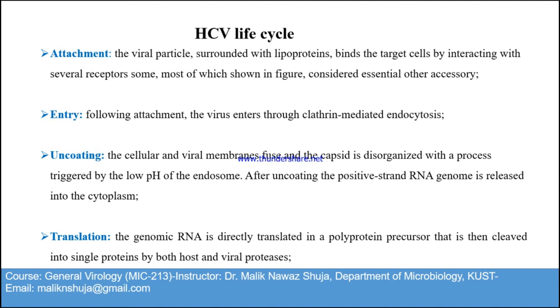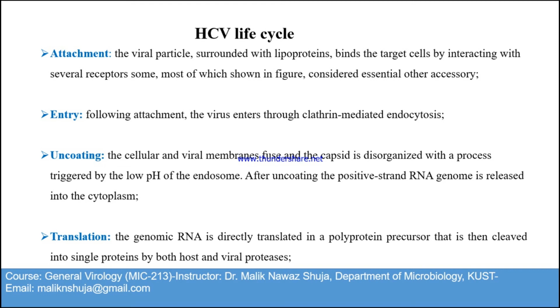After the interaction of the virus envelope with the host cell membrane, HCV enters the cell through endocytosis. In the cytoplasm, the messenger RNA then undergoes translation and polyproteins are produced. So attachment is totally based on specific receptors, and these receptors are only present on the liver cells. That's why the HCV virus is specific to liver cells.